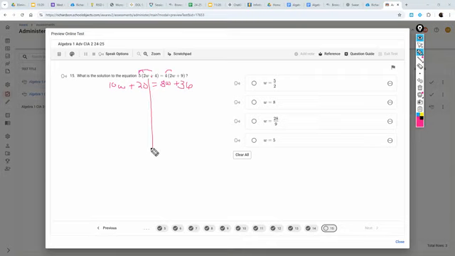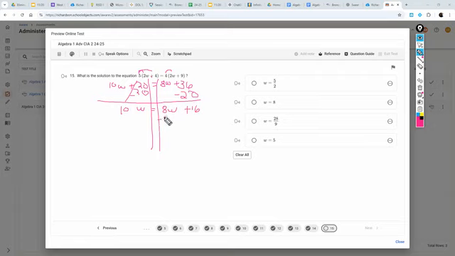Okay. I'm going to draw my railroad tracks. I'm going to subtract 20 from both sides. And we had 10w equals 8w plus 16.